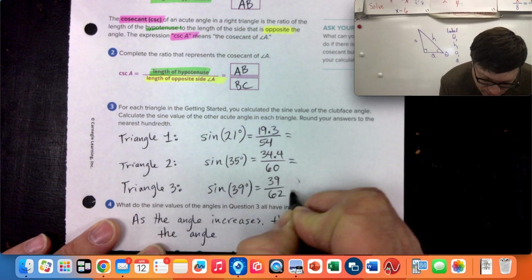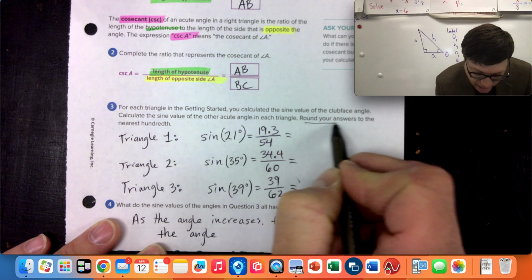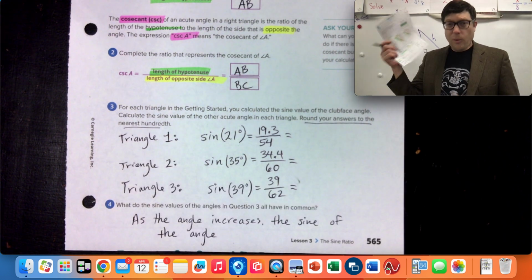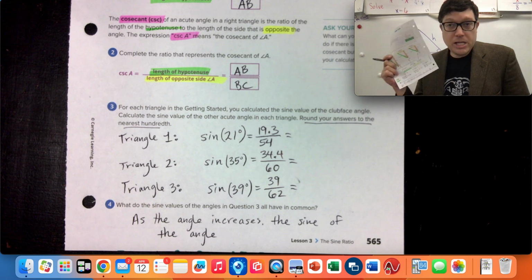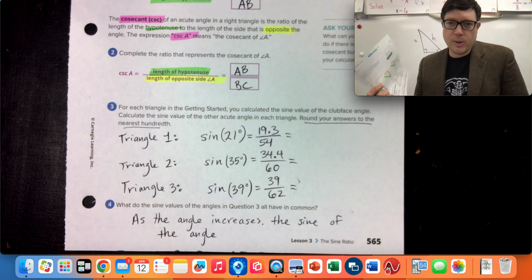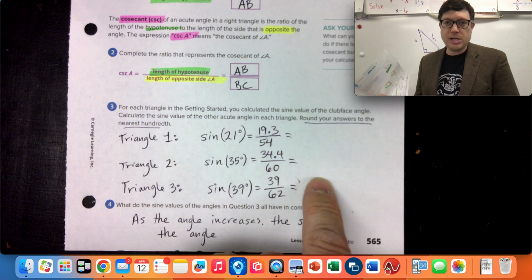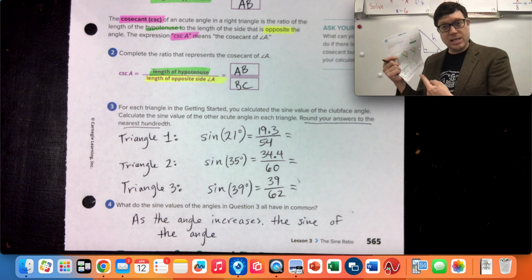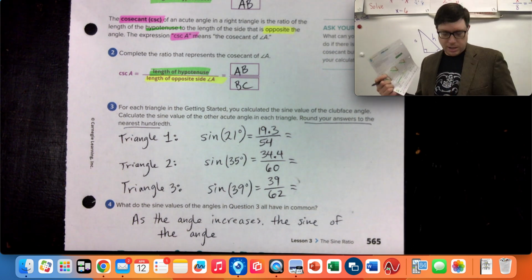Now, the rest of this question says, round your answers to the nearest hundredth. We already did that on page 564, so go back and look at those ratios and write those decimal values here. I'm not going to do that now because I already did and you took good notes on them, but you should write them down here.